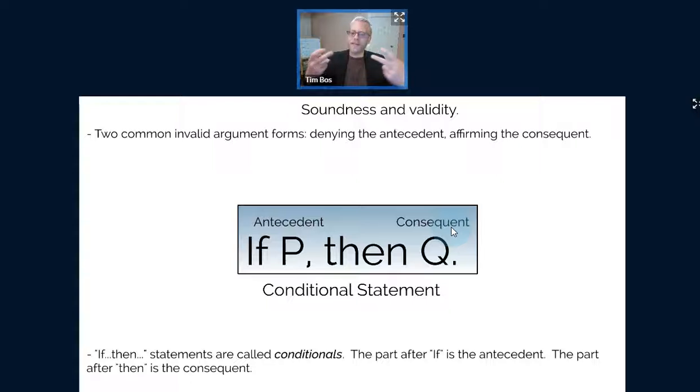There's two separate statements nestled within one big statement, right? P is a sentence on its own. Q is a sentence on its own. And then the conditional puts both of them together into one big statement. Yeah? That's going to become important later on.